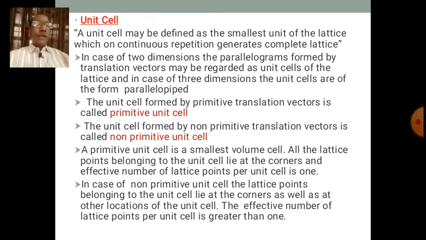If you find out the contribution of each lattice point to the cell, you will find that the sum of the contributions of all the lattice points to that particular unit cell comes out to be equal to 1. This is what is meant by the effective number of lattice points per unit cell being 1. In a non-primitive unit cell, the lattice points lie at the corners as well as at other locations of the unit cell, and the effective number of lattice points per unit cell is greater than 1.